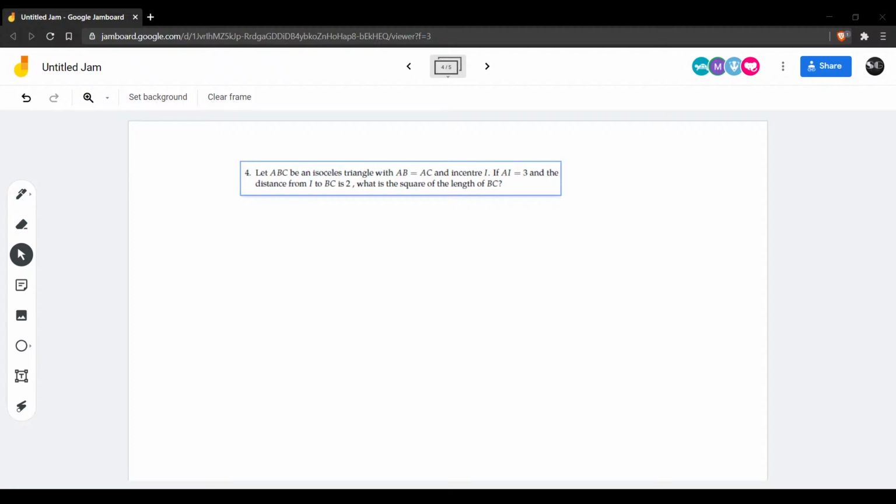Let me import the diagram so that I can write on it.